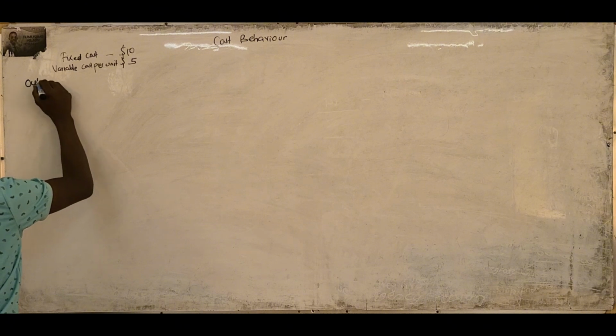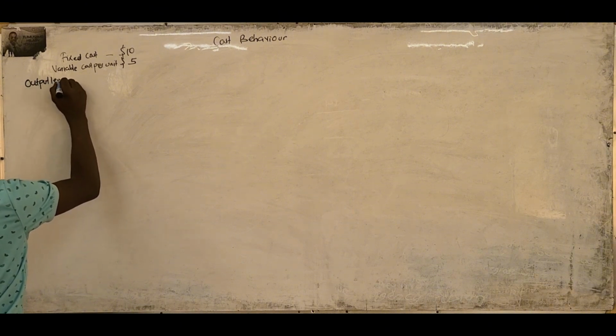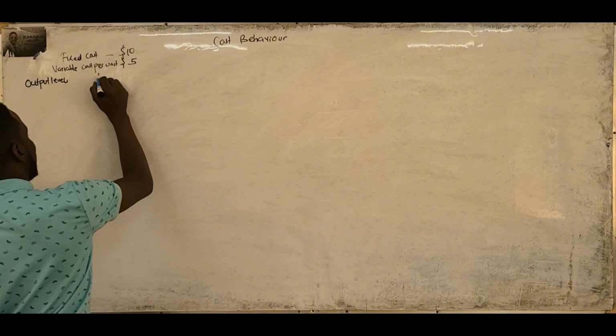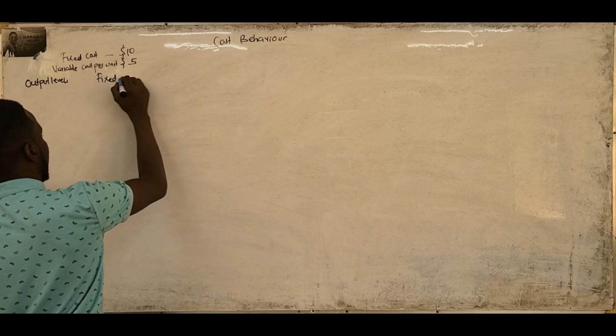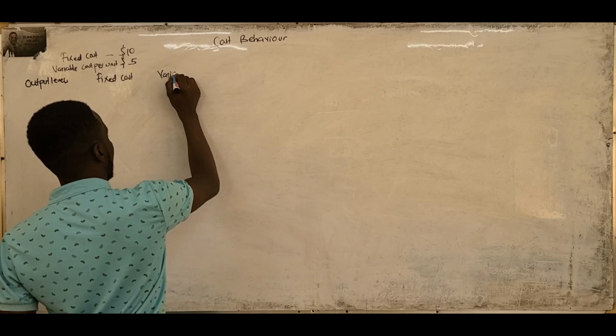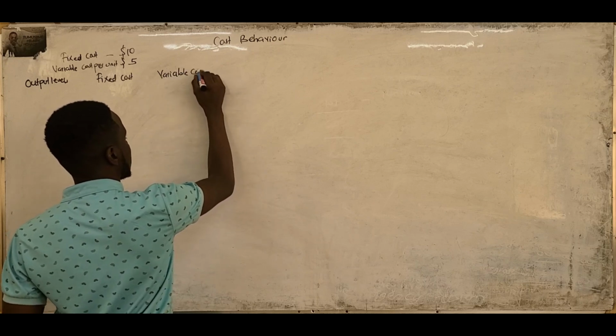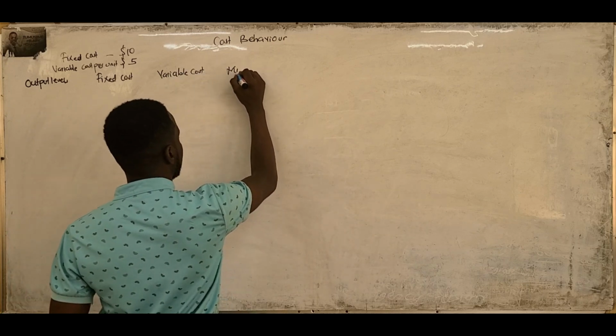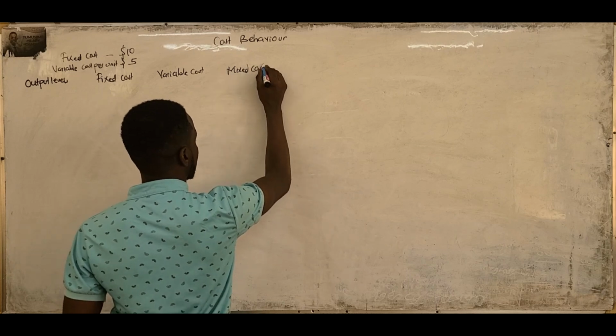Let me call this our output levels. Let me say we have our fixed costs here, our variable cost, and then we shall have our mixed cost, or what they call the total cost.